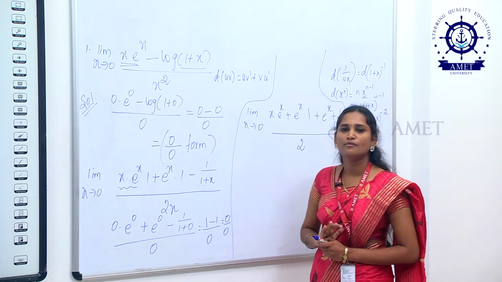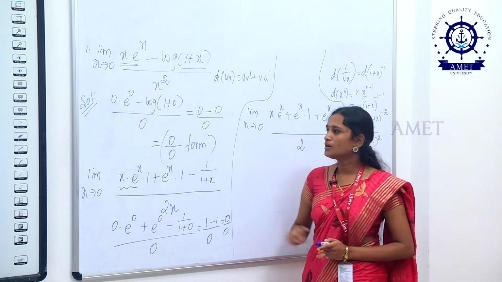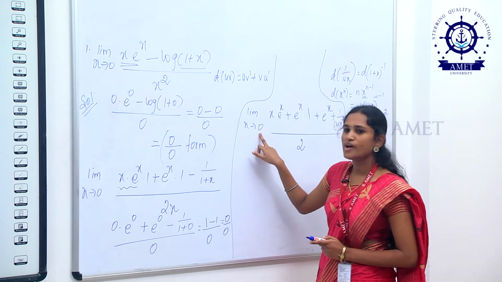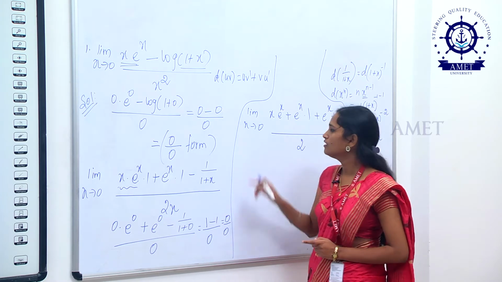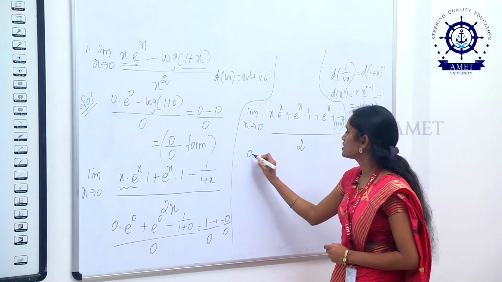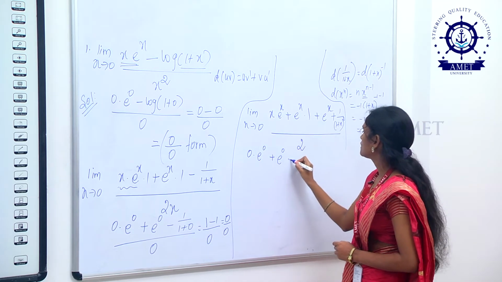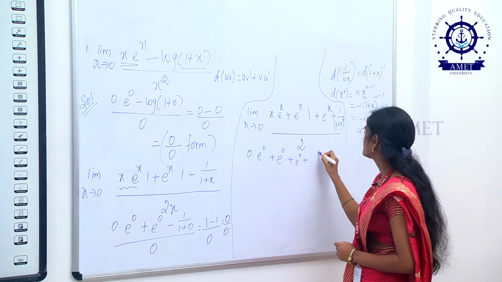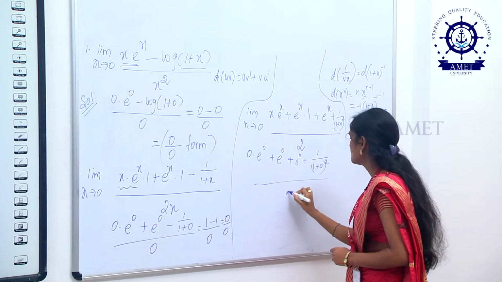So the second time, we again use the L'Hospital rule. After that, you substitute x value 0 in numerator and denominator separately. So x equals 0: 0 into e to the power 0 plus e to the power 0 plus 1 by 1 plus 0 the whole squared, divided by 2.